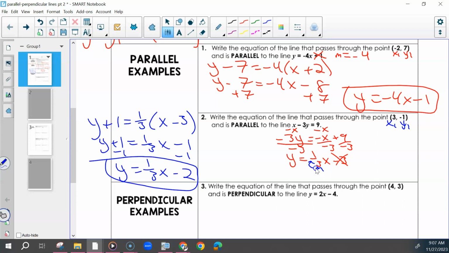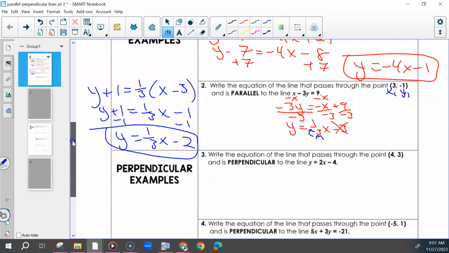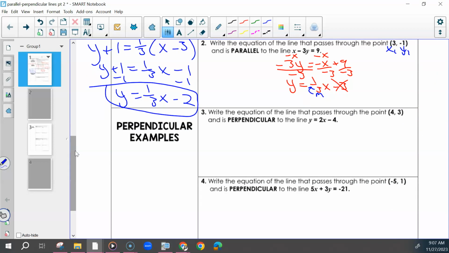Okay. So now number 3 is similar to number 1, but with a twist, because now we are writing an equation that is perpendicular to the original. Same as before, cross out the y-intercept, we don't need that. If it's perpendicular, what would our new slope be? -1/2. So this is where you have to think about the negative reciprocal. You have to do this part first.